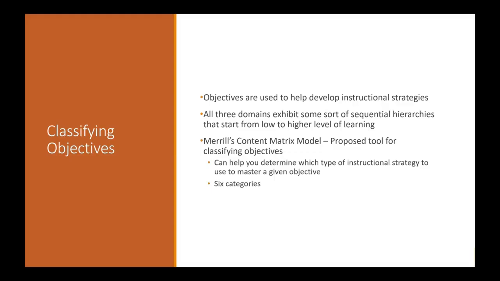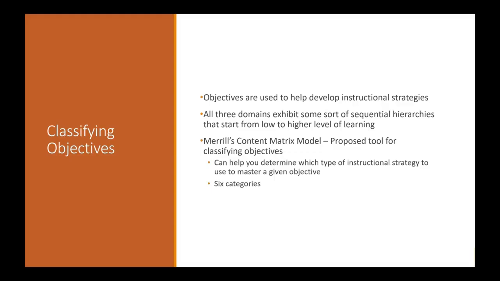And secondly, the taxonomies that are used within the domains are not necessarily ideal for providing any kind of prescriptive instructional strategies. So for that reason, there's a matrix that can be used to help classify objectives.